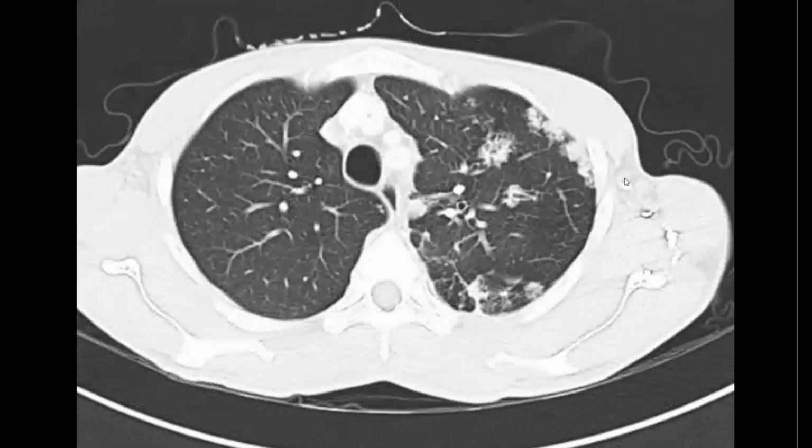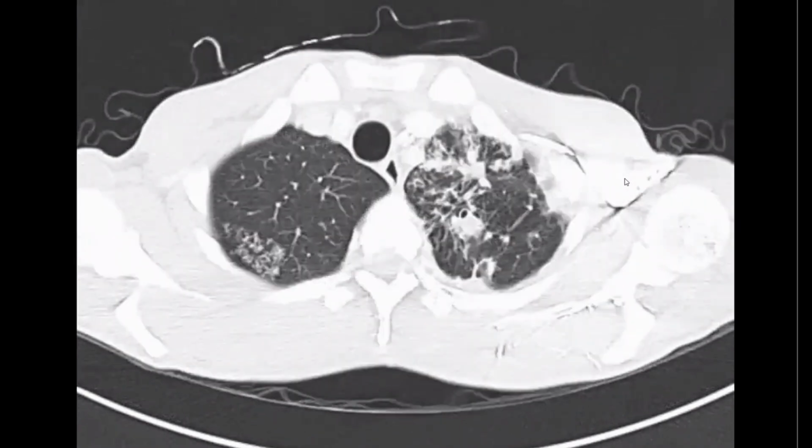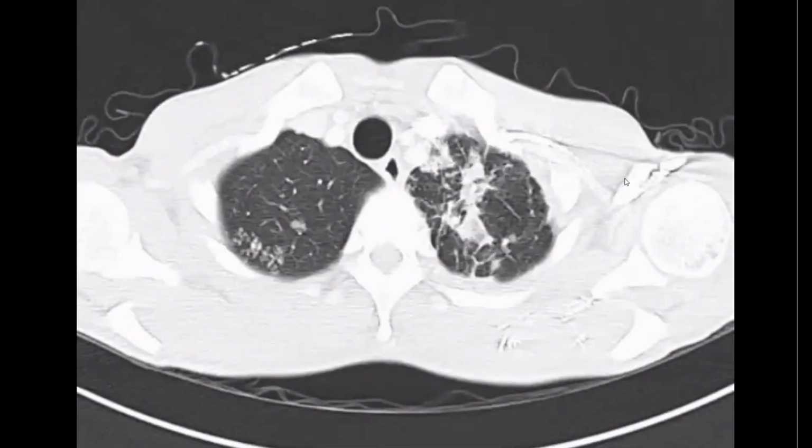And sir, this looks like a case of tuberculosis with abscess formation.